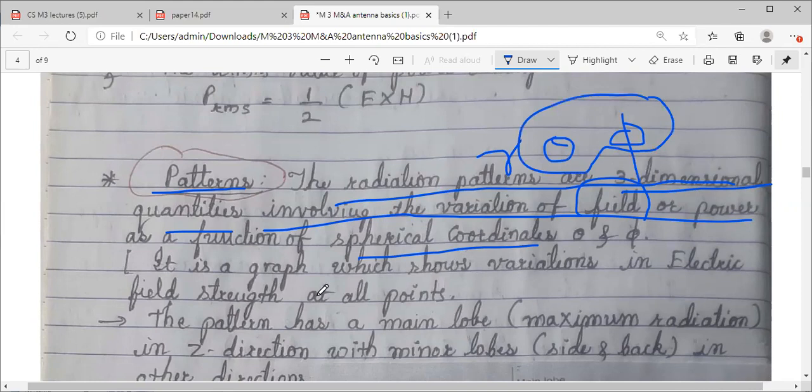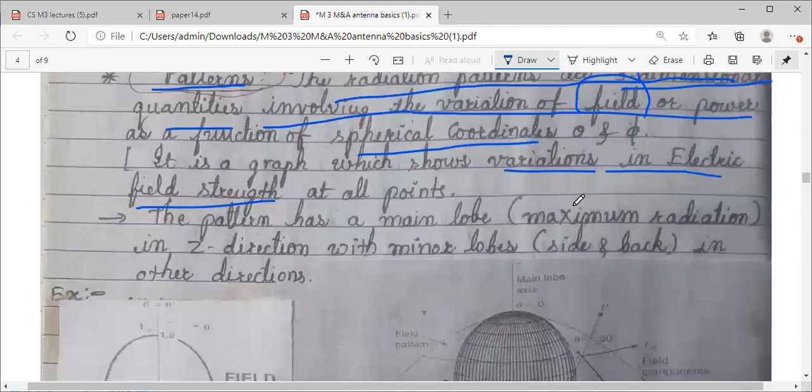So field or power you have to take in case of patterns, in order to analyze the patterns to get the antenna maximum value, minimum value, where the radiation is maximum, minimum, all the details. You should go for the variation analysis in terms of the fields, that is theta and phi directions.